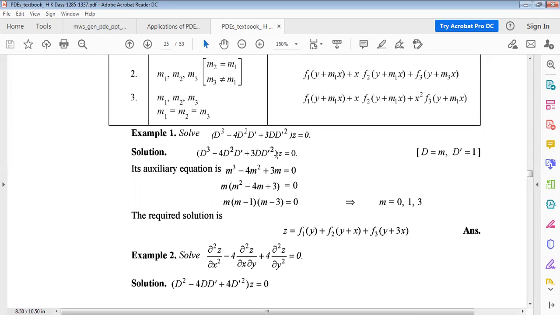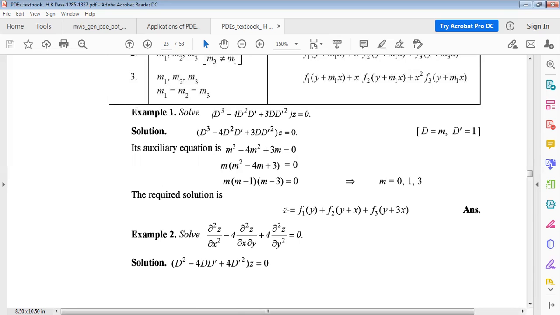If we take the auxiliary equation, left hand side equals 0, then z equals e to the power mx. Its auxiliary equation will be m cube minus 4m square plus 3m equals 0. Solving, m equals 0, 1, 3.